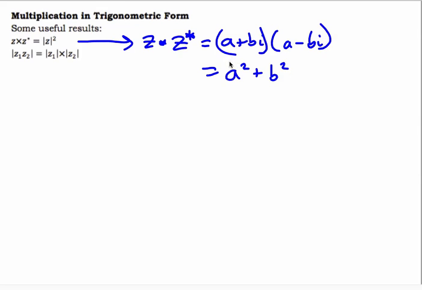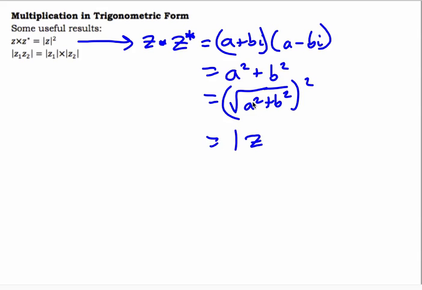But you can also write that as root a squared plus b squared, all squared, right? Because squaring the square root will cancel. The magnitude, the modulus of the complex number is just root a squared plus b squared. So this is the modulus squared, and we're done.